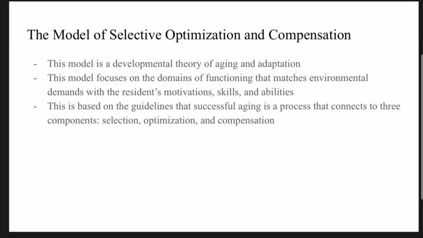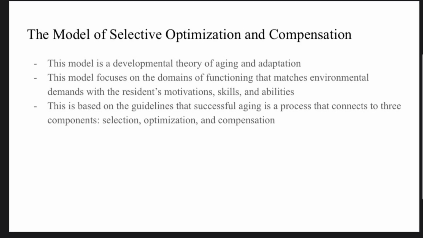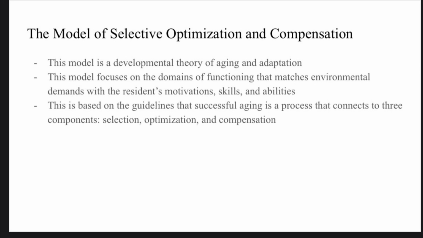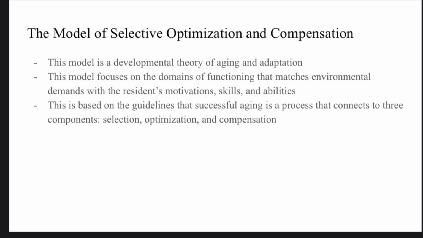optimization, and compensation. The selected part refers to the specific variety of an individual's life due to a decrease in functional ability. The decrease in functional ability comes from the impairment of the individual. The second part, optimization, refers to the combination of personal strength and ability, as well as environmental resources that an individual uses to engage in leisure and life pursuit.